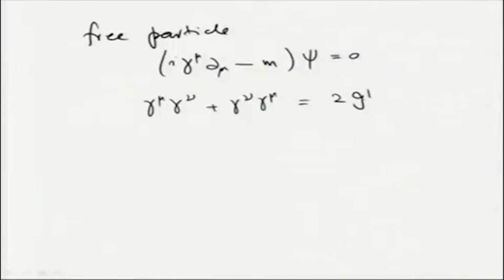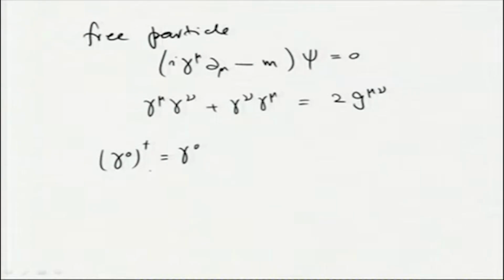So, together for any μ and any ν we can write this, and γ^0 dagger, the Hermitian conjugate, is equal to γ^0.